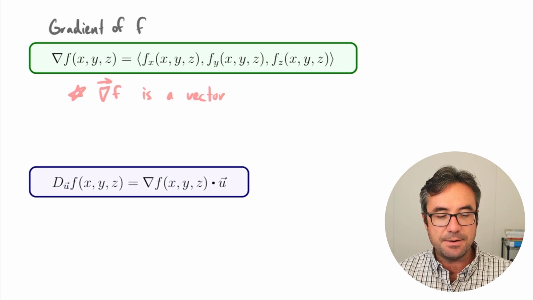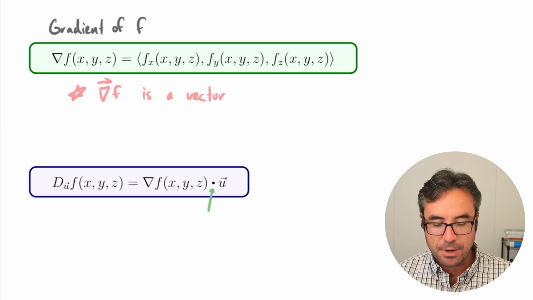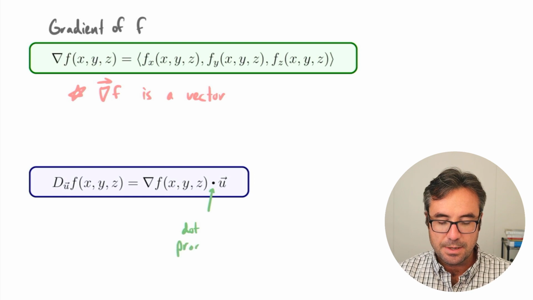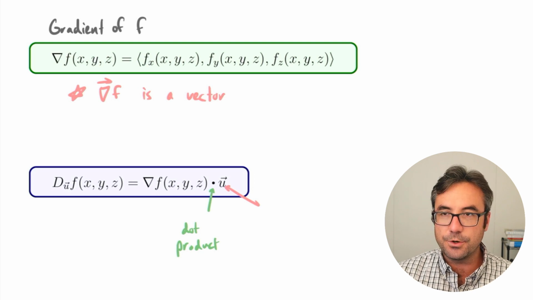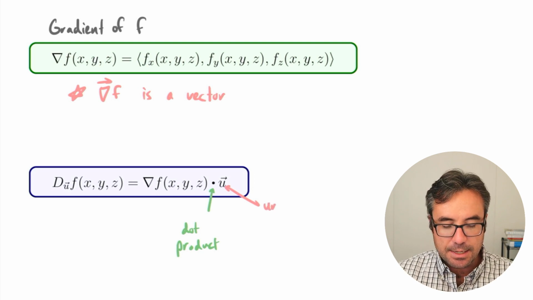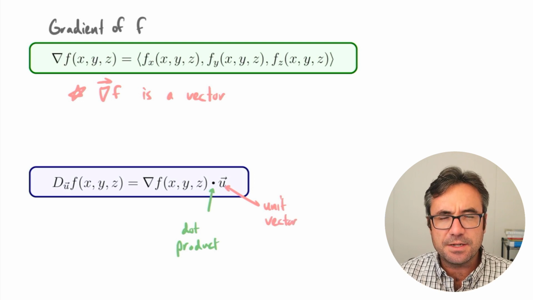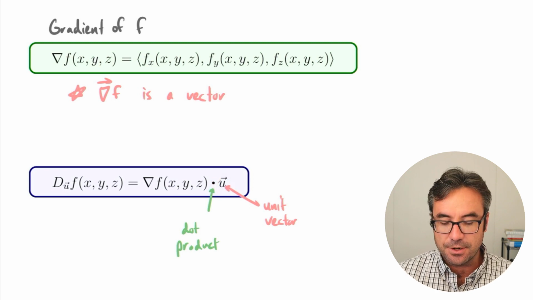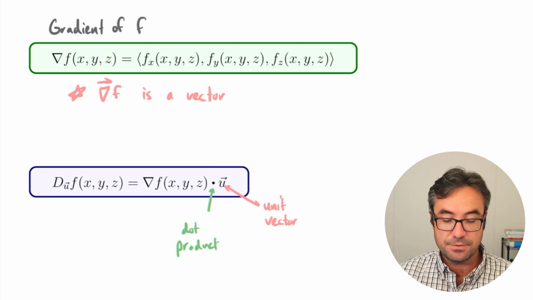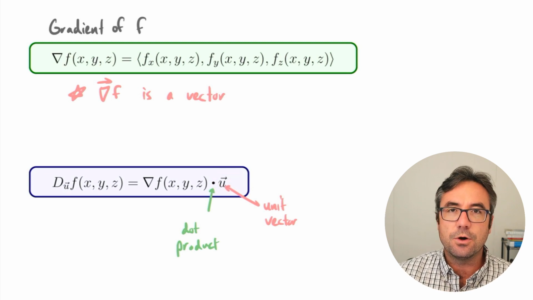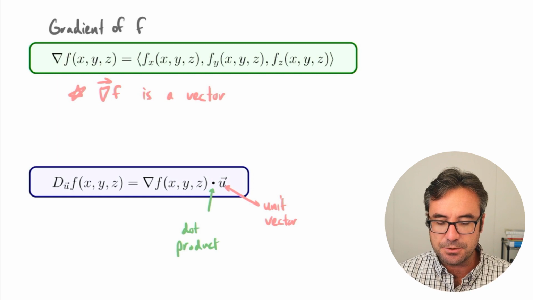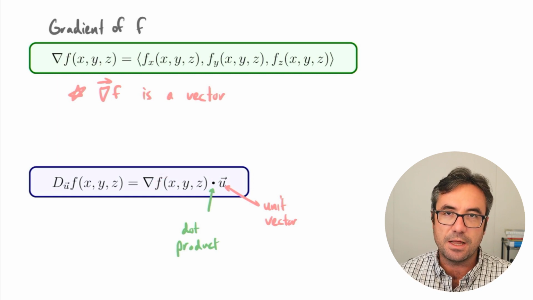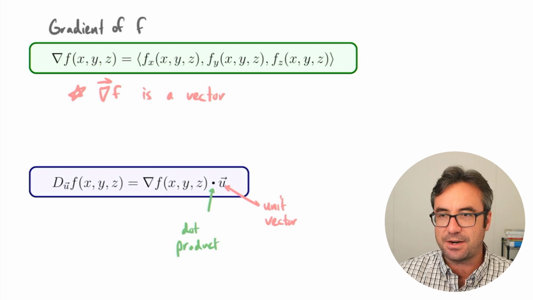This is the dot product, and we need this to be a unit vector. So we need u, the direction that we're going to travel in, to be a unit vector. The fact that it's a unit vector is important because we don't want the actual size of this vector to influence our derivative. The size of this vector is 1, so all of the change that we're going to see is due purely to our function f, not the size of the vector.